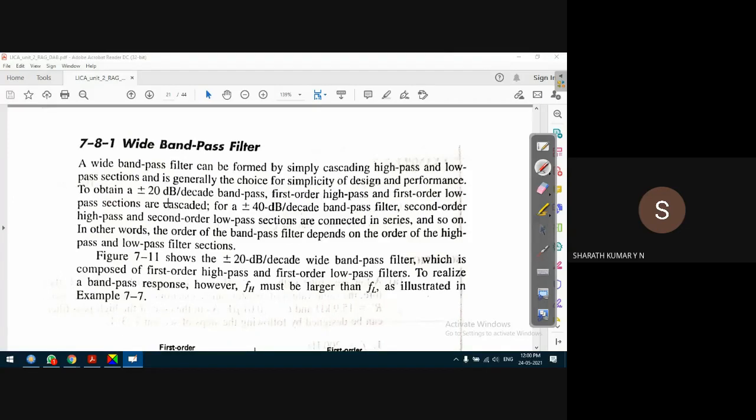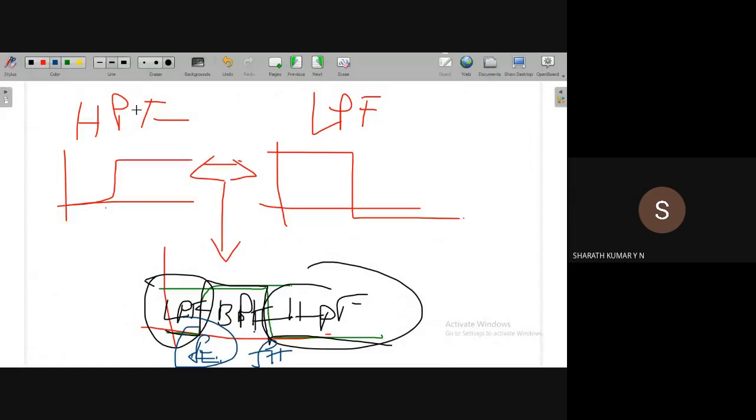To obtain a 20 dB per decade band pass filter, we have to go for a first order high pass and low pass filter. If you want a 40 dB band pass filter, then we have to go for a second order low pass and high pass filter. The rate at which the band pass filter varies depends on the order of the low pass or high pass filter.